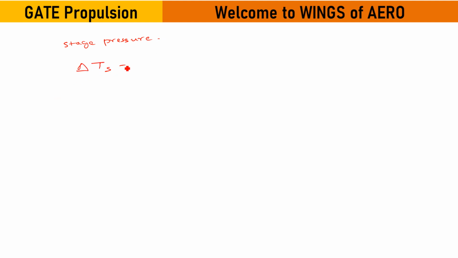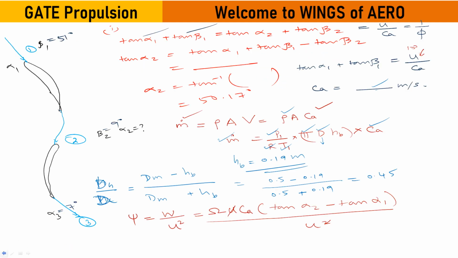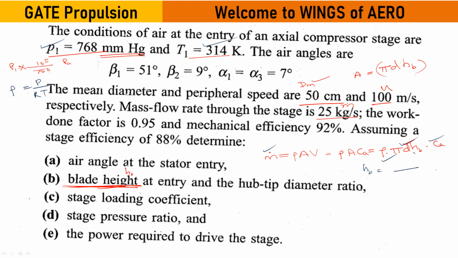Del Ts equals del T overall by N equals T1 into (RC to the power (gamma minus 1) by gamma, minus 1) by eta C. Eta C, the stage efficiency, is also provided to you.